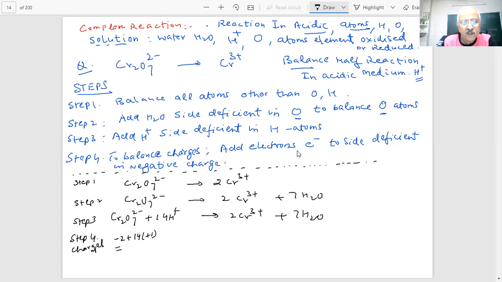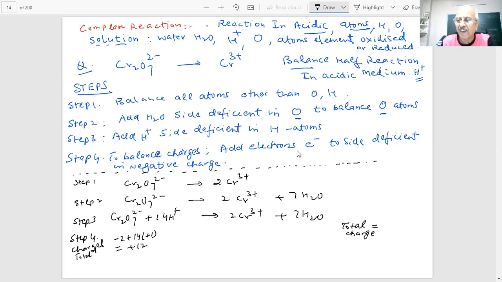Total charge plus 12. Here, what is the total charge? On the right, we have 3 plus charge. Total charge plus 3.